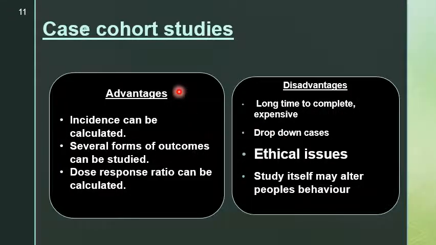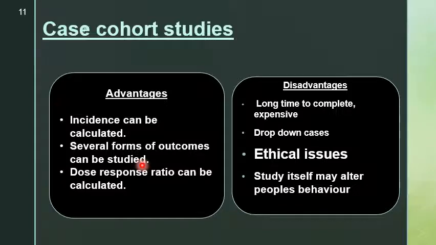So there are advantages and disadvantages of these case cohort studies. Incidence can be calculated because we are following the patients. So the number of new cases we can easily find out. Several forms of outcome can be studied. See, these smokers may develop COPD, they may develop emphysema, they may develop asthma, or they may develop lung cancer.